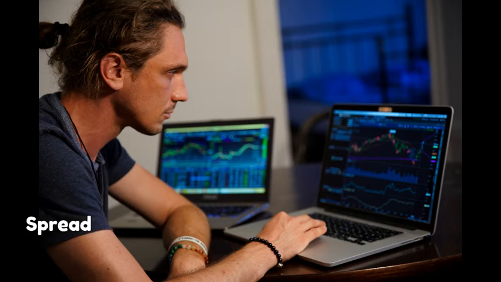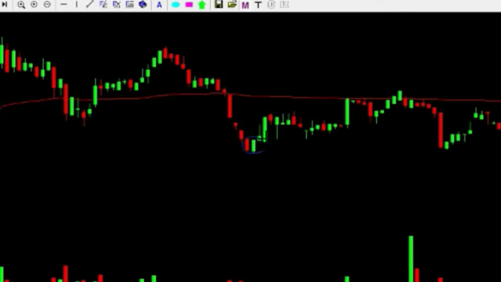Okay, spread is just simply the difference between the bid and the ask, the buyers and the sellers. So if you wanted to buy here, say the current price is $19.50. Well, the nearest seller may say, well, actually, I want $19.60. So you'd actually get filled higher than where you press the buy button.